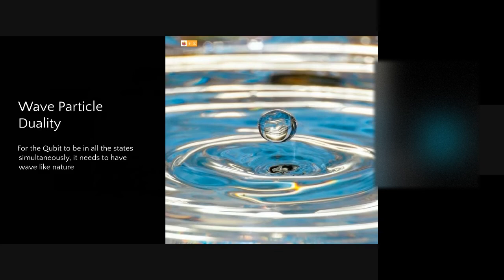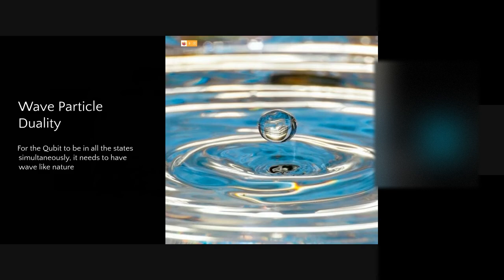And even at bigger levels, everything is a wave and a particle, but we are just not able to sense it that way, and we think that everything is a particle. This image is really cool because it shows us a droplet as a particle, and these waves forming around it as well. So this is what an electron is like, both particle and wave.